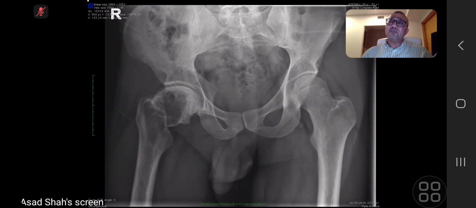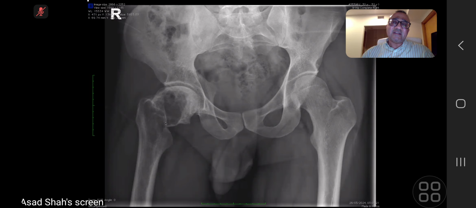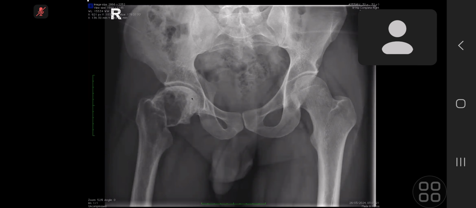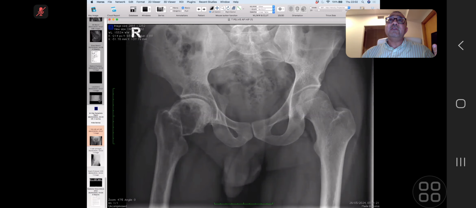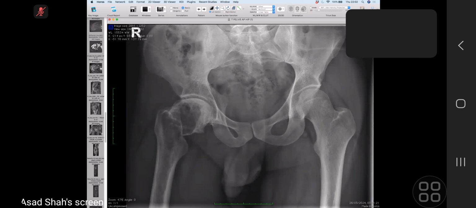Also note the irregular contour of the femoral head with sclerosis, which makes me think either there is some bone formation or there is avascular necrosis because the lesion might be impairing the blood supply to the femoral head. I think that's something which we can infer. And then when we go to the MR, you very nicely said that it's a heterogeneous lesion which is T2 hypointense.